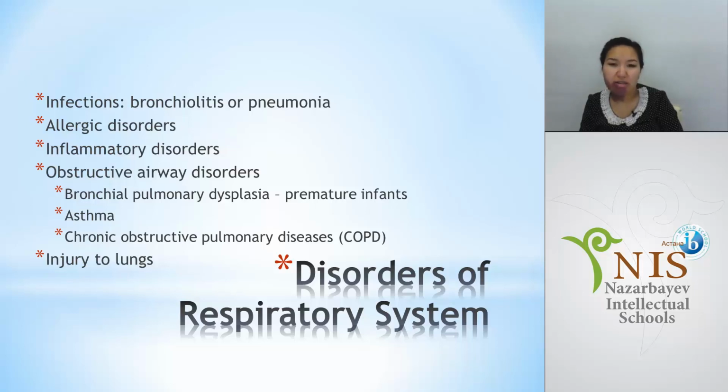Sometimes we can get infections which cause the disease called pneumonia, or there can be disorders like allergic disorders, inflammatory disorders, obstructive airway disorders, bronchopulmonary dysplasia, asthma, chronic obstructive pulmonary disease. Chronic obstructive pulmonary disease, we said, is a disease involving lack of surfactant and injury to lungs. There are some disorders.